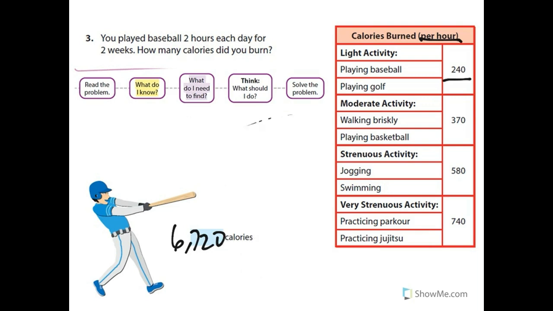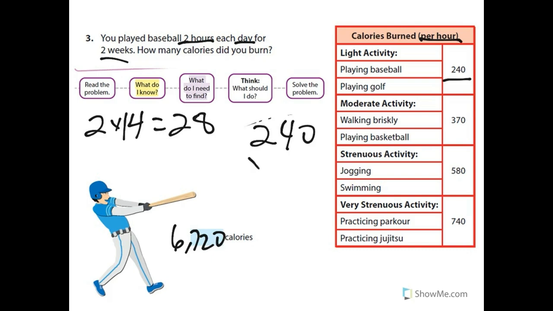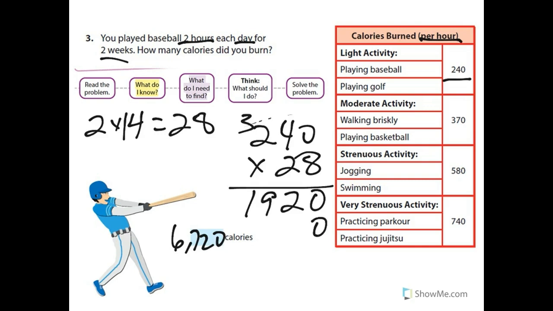So the other way could have been, well, I take 2 hours each day, 2 weeks, so 2 times 14 is 28, and so I'm going to take 240, multiply it by 28. 8 times 0 is 0, 8 times 4 is 32, carry that 3, 8 times 2 is 16, 16 plus 3 is 19, drop my 0, 2 times 0 is 0, 2 times 4 is 8, 2 times 2 is 4.